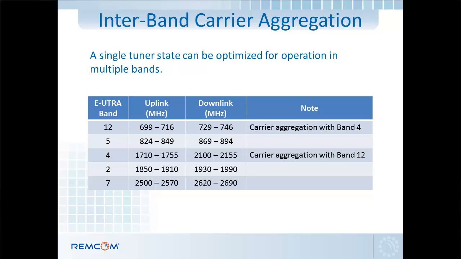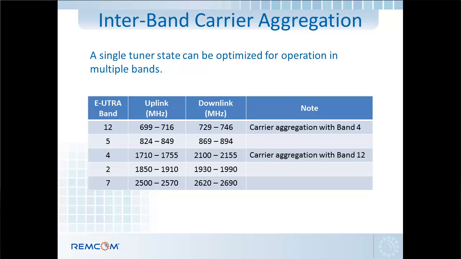Interband carrier aggregation is also supported with circuit element optimization. Here we have an example of one operator and their desired frequency bands that they would like to operate in. So you could have a tuner that took on 5 different states, so that way you would get a match over these 5 different bands.